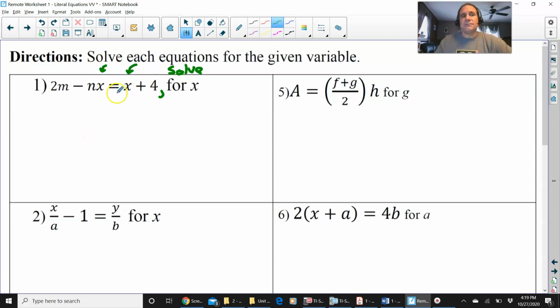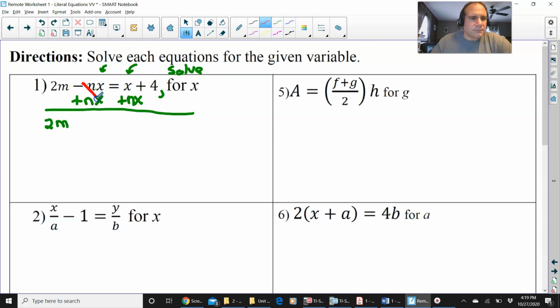All right, so I have x's on both sides. So I need to get the x's on one side. All right, so I am going to add nx and nx. Then I'm going to rewrite 2m. This cancels.